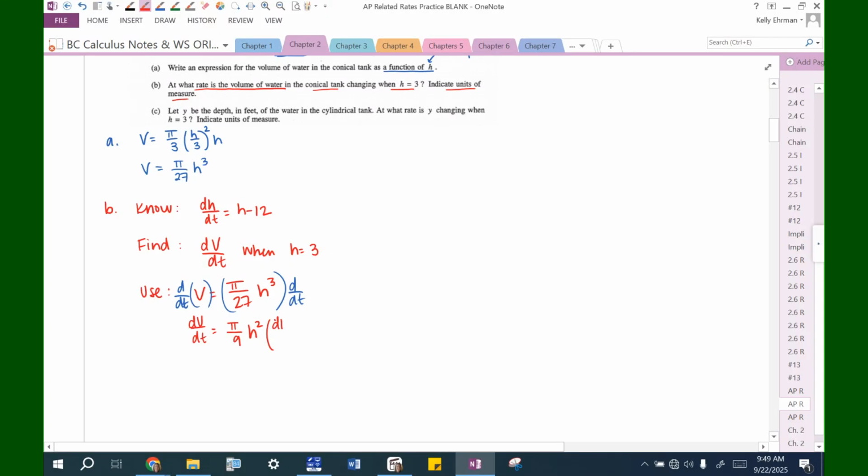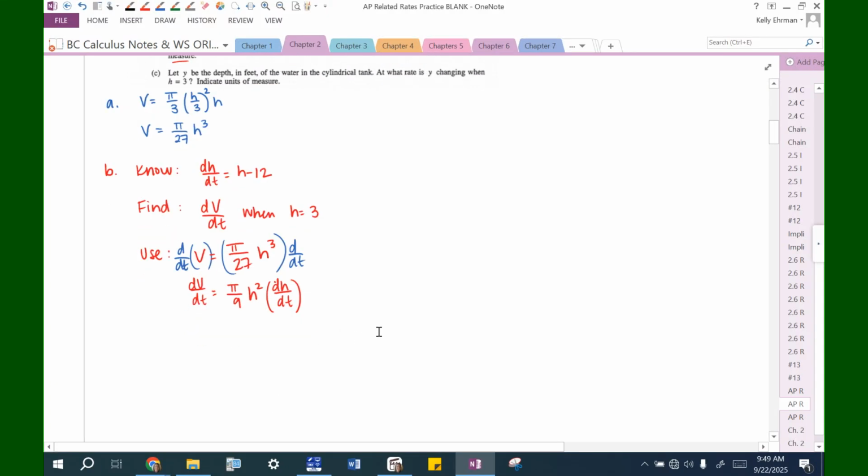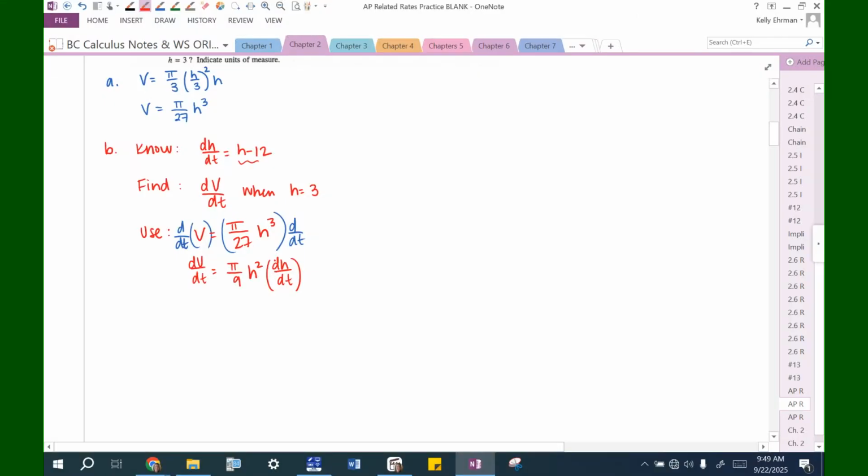So you need a dh/dt. And normally we plug a number into this, but remember we have an expression that says dh/dt is h minus 12. So dV/dt when h equals 3 is equal to pi over 9 times 3 squared times h minus 12. And h minus 12 is 3.